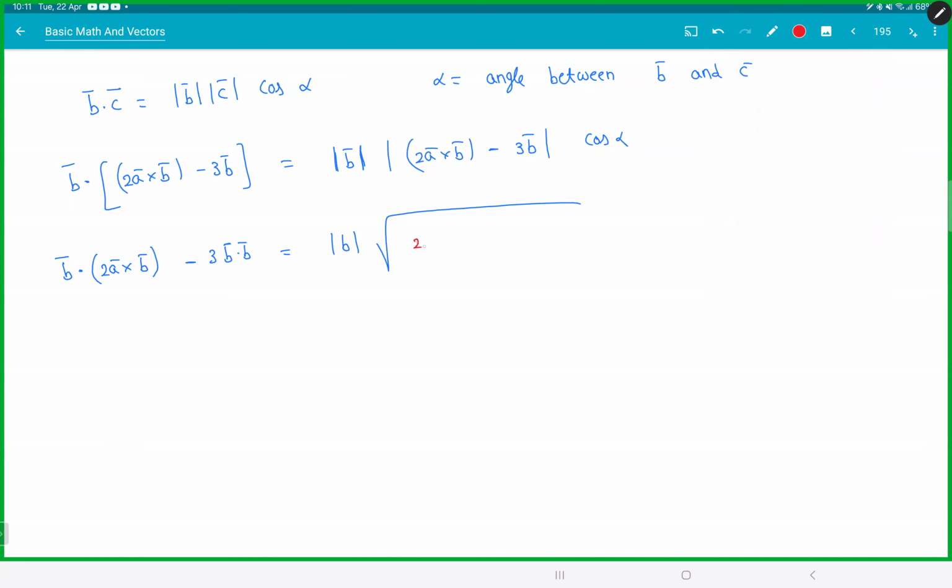So that will be (2A cross B) magnitude squared plus (3B) squared minus 2 times 2A cross B dot 3B bar into cos alpha. This was the whole thing.